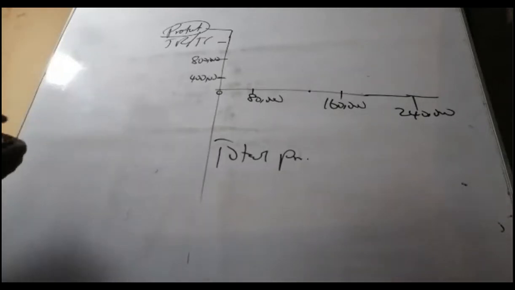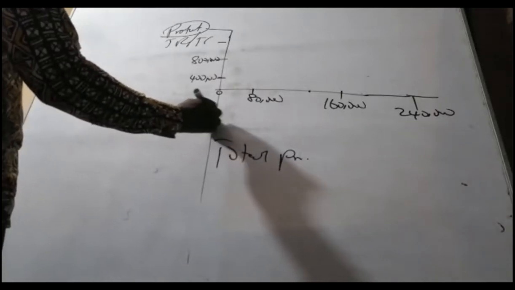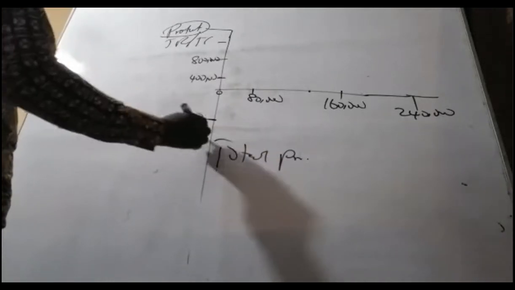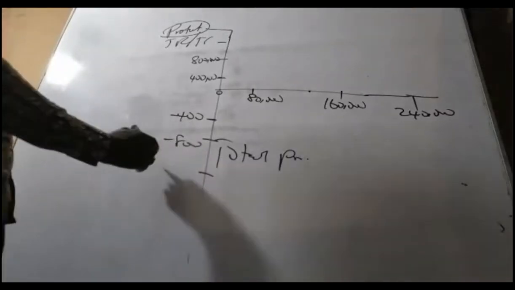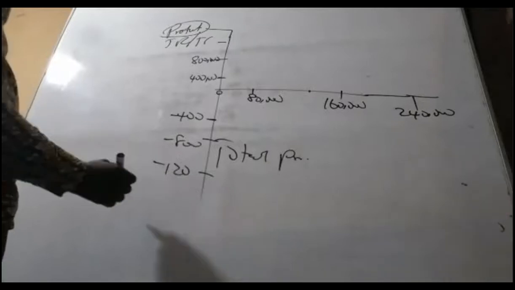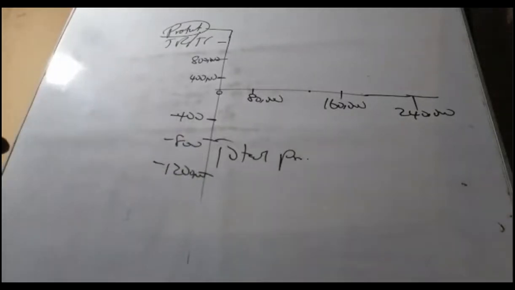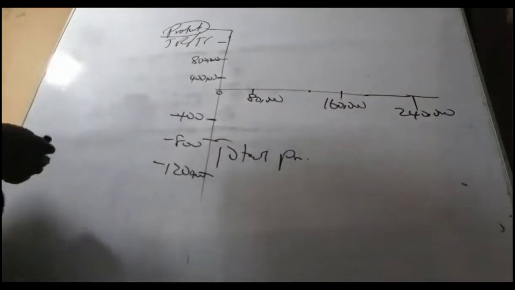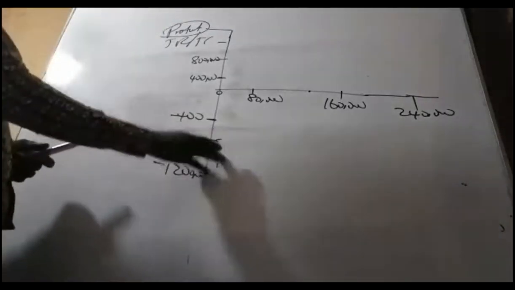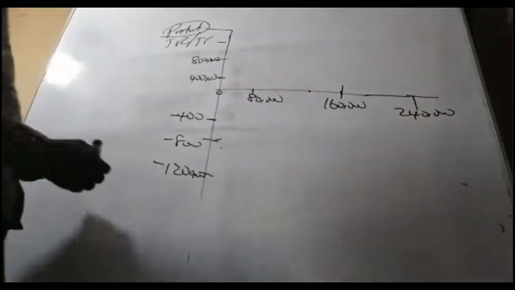Then you plot it. Yes, negative 400, yes, negative 800, negative 1.2 million. So you plot the first one. When they produce 80,000, what's the profit? It will be in the negative because the break-even is further along.